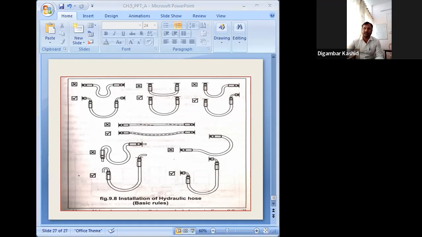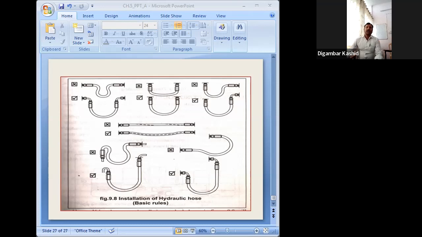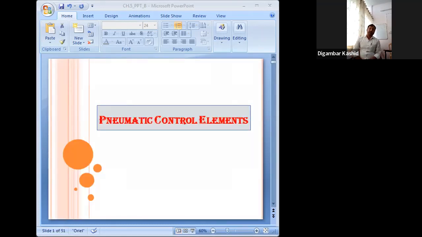Now let us go to the last point, that is the controlling element of the fluid power pneumatic system. Okay, we have already studied the controlling elements of the hydraulics in unit number 2.